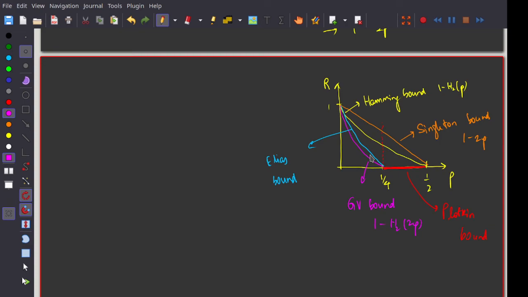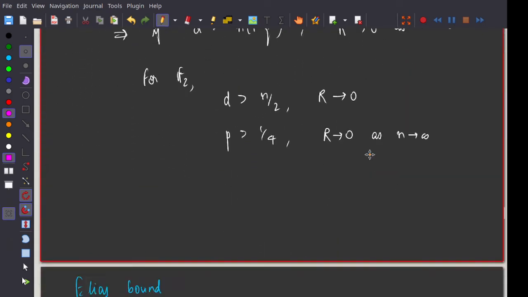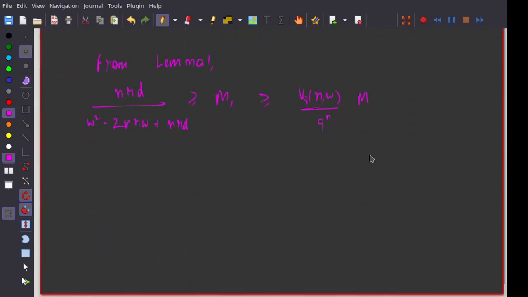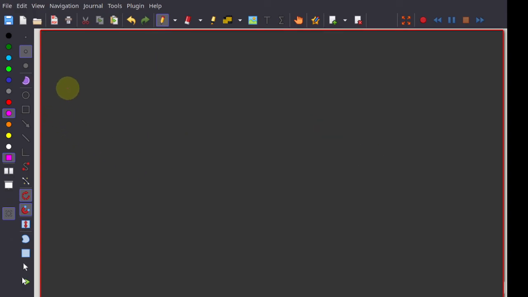So it turns out that the Elias bound is not the tightest bound that is known. You can derive much tighter bounds, but in general you can't obtain a closed form expression using those techniques. So you can formulate this problem of finding the size of the largest code book as a linear program and then try to solve that linear program numerically.